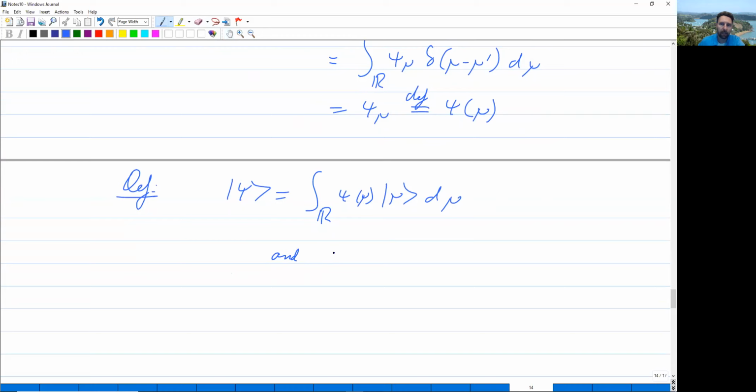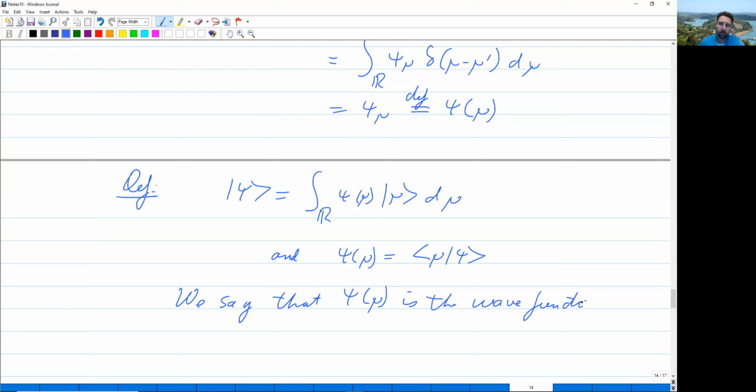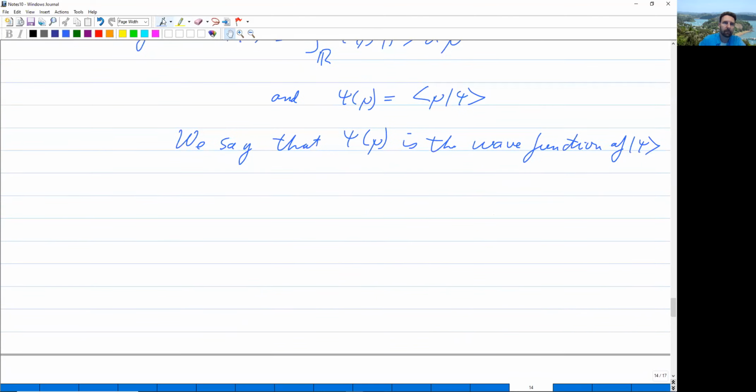And we have that psi of mu equals <mu|psi>. And we say that psi of mu is the wave function of psi in the mu basis.